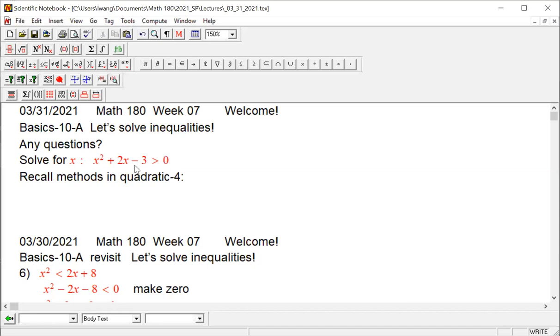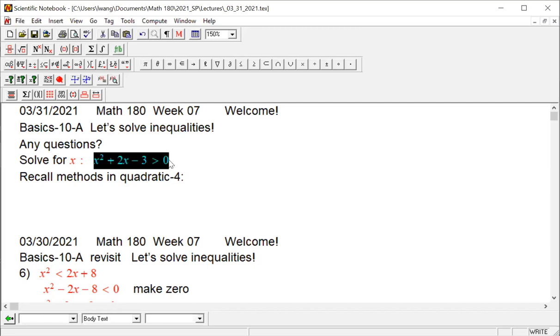Why wouldn't we keep it as larger than 3? We could use the same method, but comparing with 0 is just easier. Above the x-axis, below the x-axis. Are you guys with me? So we use the methods of completing the square and observing all these phenomena.